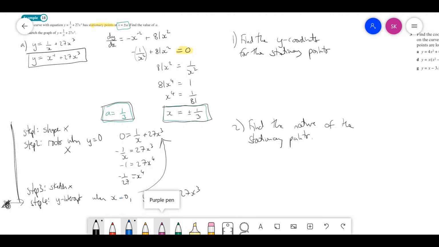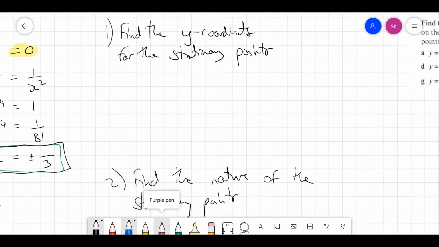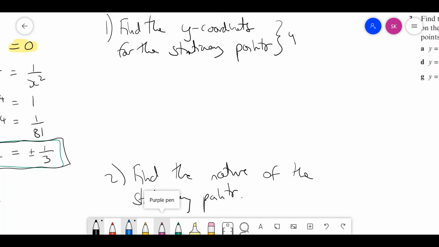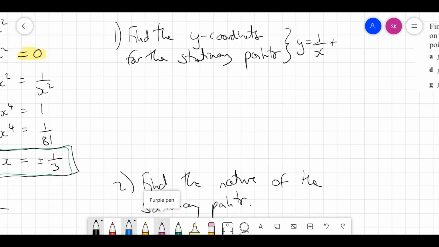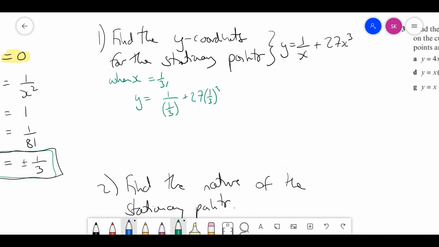To find the y coordinates for the stationary points, we know that the graph is y equals 1 over x plus 27x cubed. So going back to our solutions, when x equals 1/3, y equals 1 over 1/3 plus 27 times (1/3) cubed.